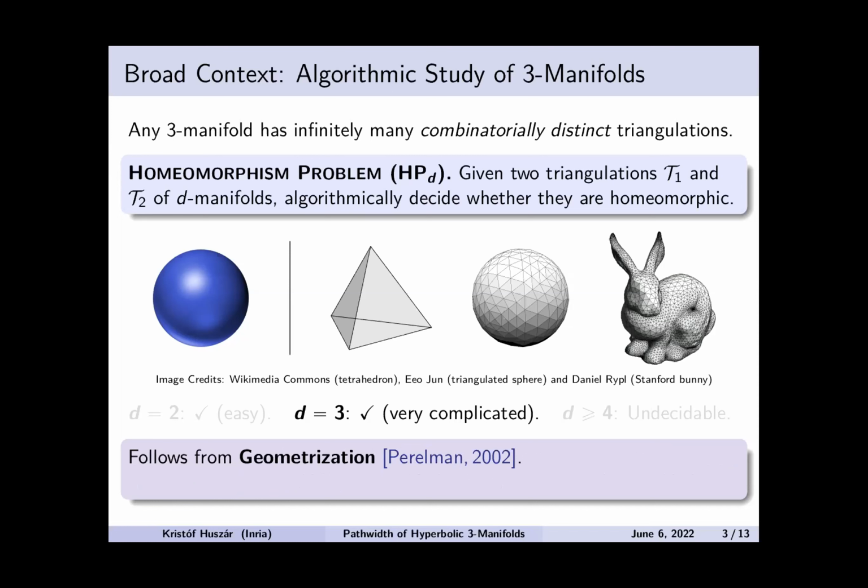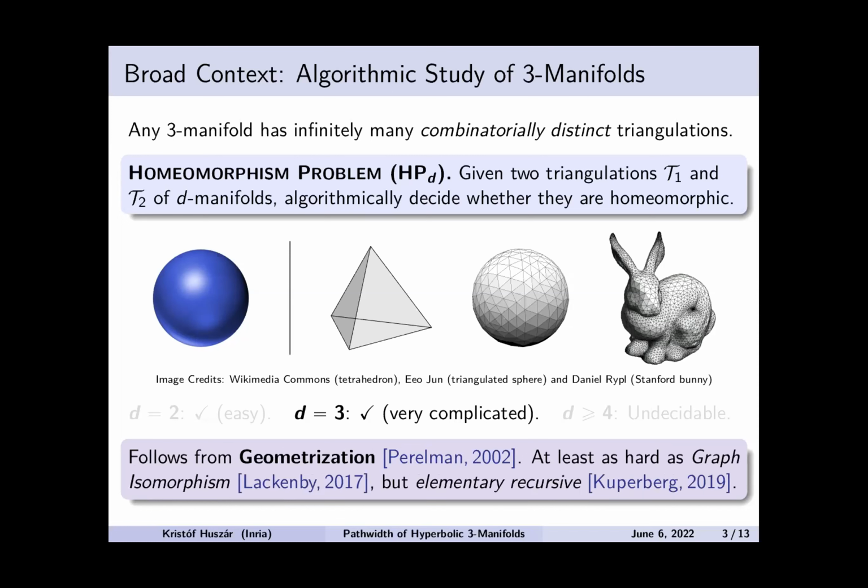However, all known solutions rely on geometrization, and as such, the proof and the algorithm itself is very complicated. It exists at this point only at the theoretical level, and its complexity is also quite elusive. So there is a lot still to be understood here.